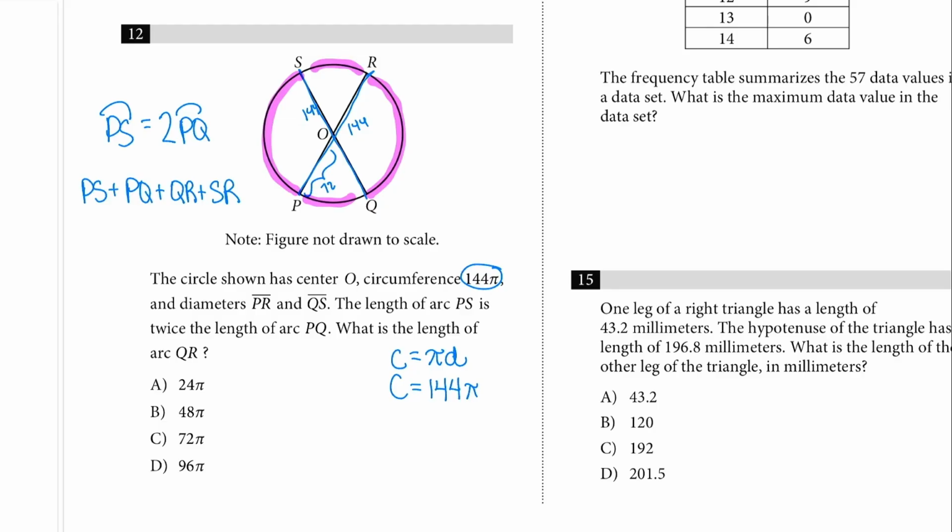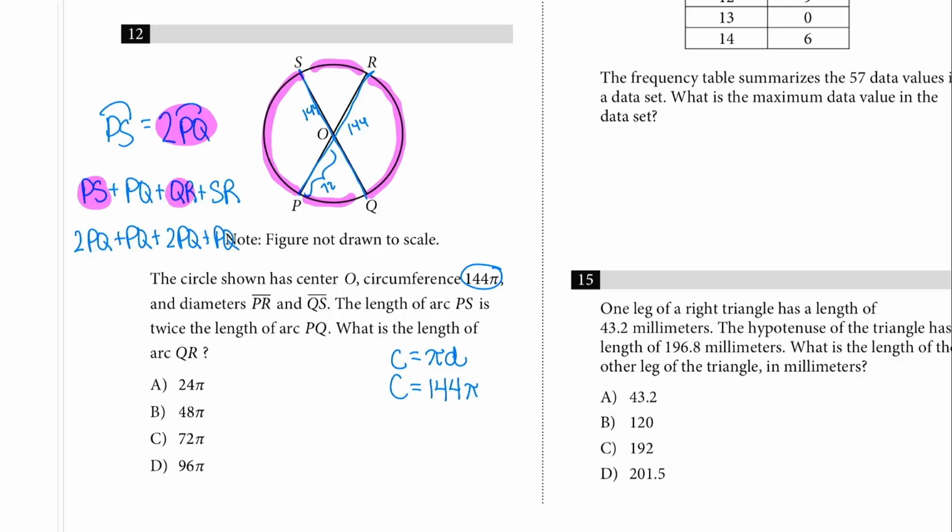So let's go ahead and substitute 2PQ for PS. And since we know that PS is going to be the same as QR, we can go ahead and substitute this one too. And then SR is going to be the same as PQ, so we can just replace this one with PQ as well. So here we have 2 PQs plus another one, that's 3, plus 2 more, that's 5, plus 1 more, that's 6.